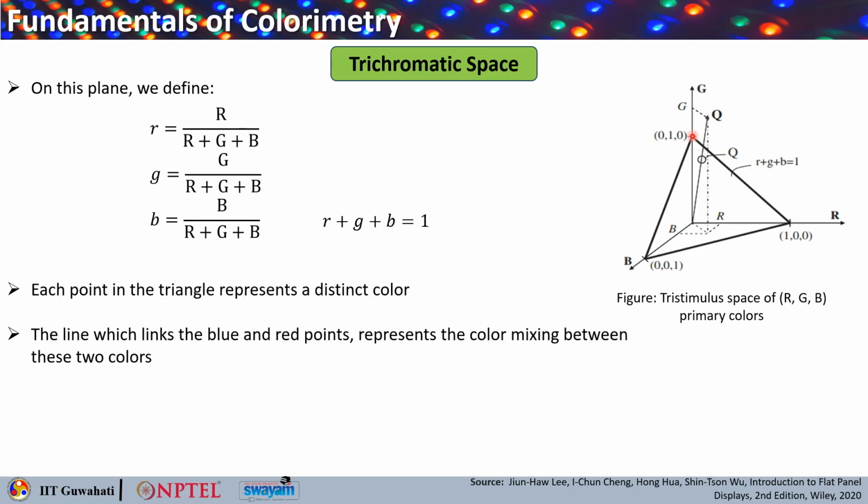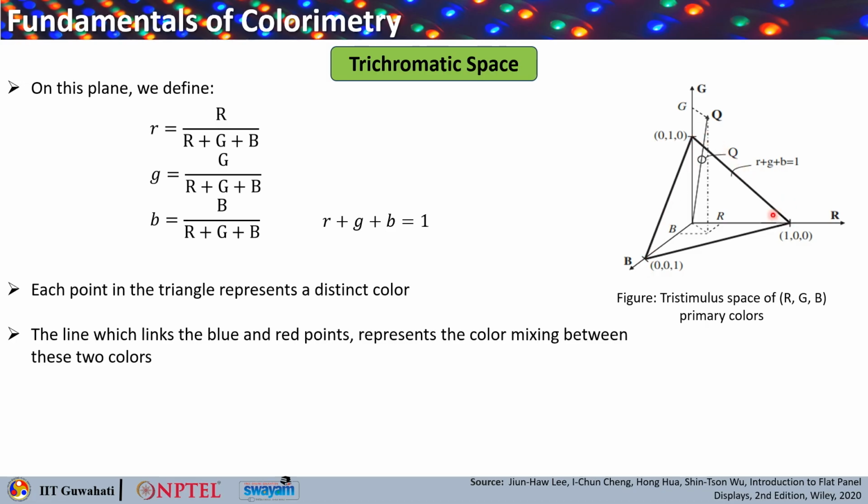So, here each point in this triangle represents a very distinct color, and the line which links the blue and the red point, this one, allows color mixing between the 2 colors, red and blue. Any line between these 2 will allow color mixing between blue and green.